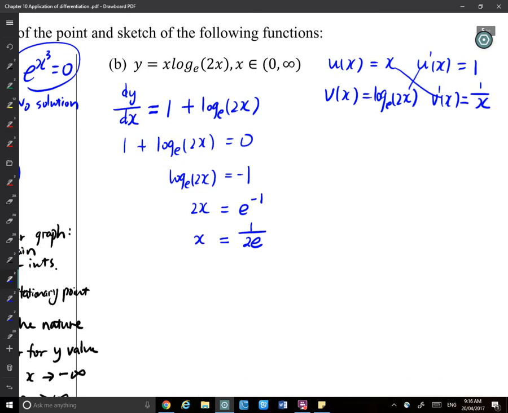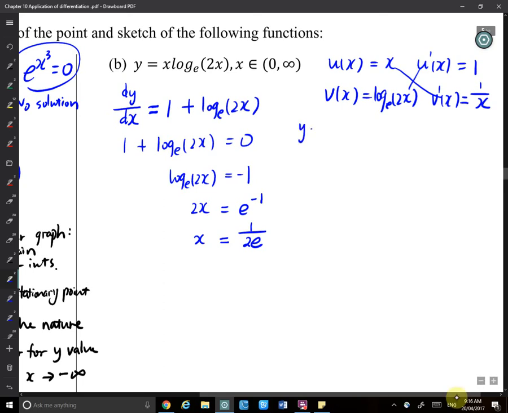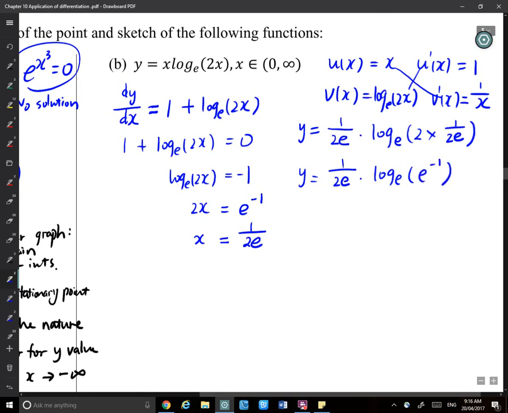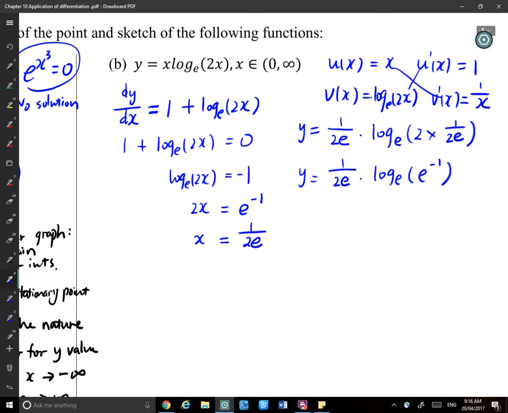If x equals 1 on 2e, what does y equal? y equals 1 on 2e times log e of 2 times 1 on 2e. y equals 1 on 2e times log e to the power of -1. 2 times a half is 1, so it's 1 on e, which is e to the power of -1.